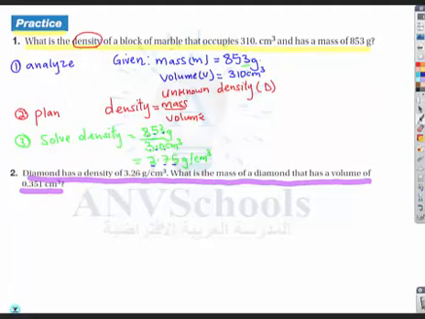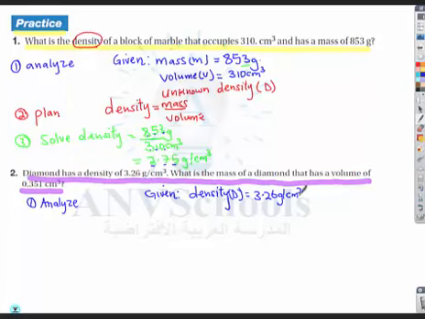So first, let's plan here. We analyze. One, analyze given. What have we been given here? We have been given density, which is equal to 3.26 grams per cubic centimeter.